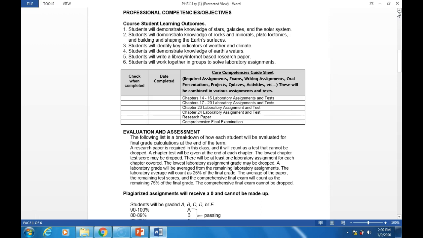And that's a lot of chapters: 14, 15, 16, 17, 18, 19, 20, 23, 24. 9 chapter tests, okay? Research paper, 9 chapter tests. Now, the lowest chapter test score may be dropped. Put the verb may in there, because what if you don't turn in a research paper? That's going to be a 0 because you can't drop that, okay?